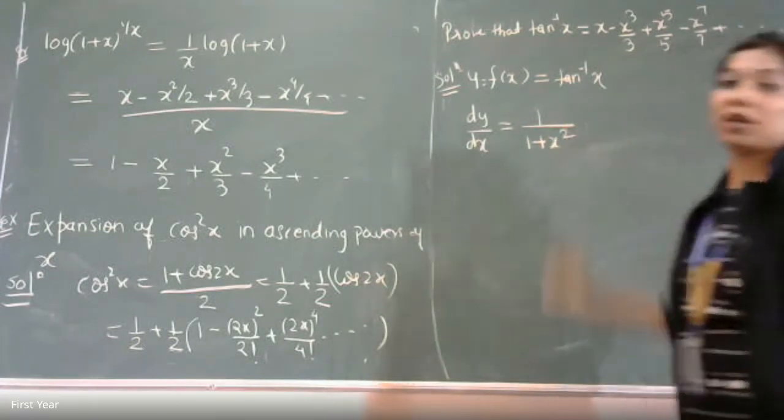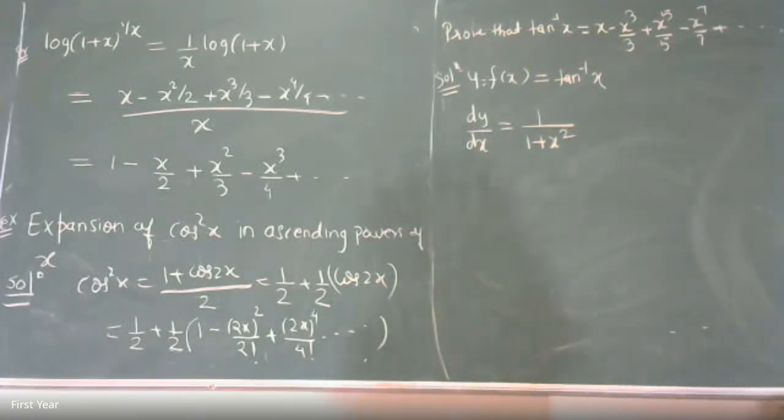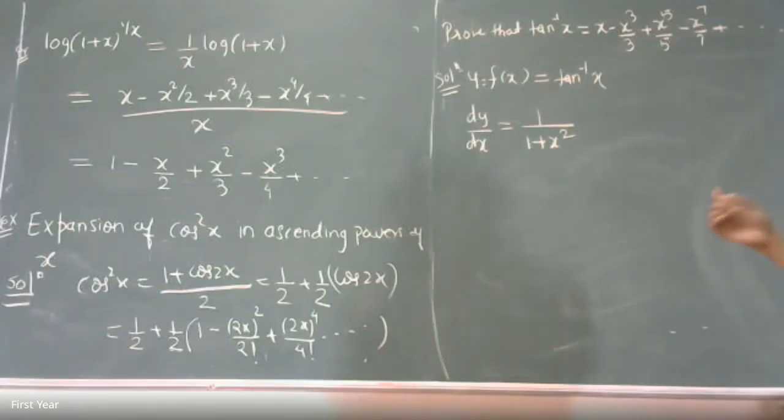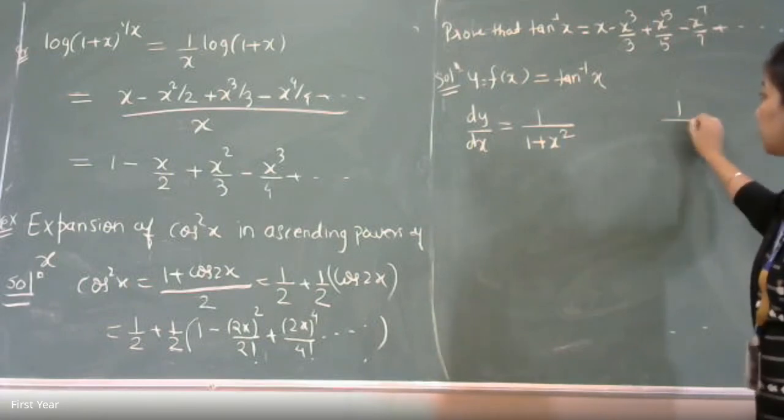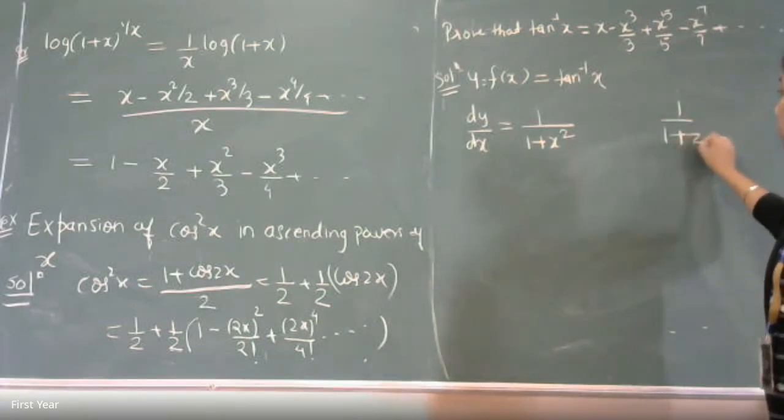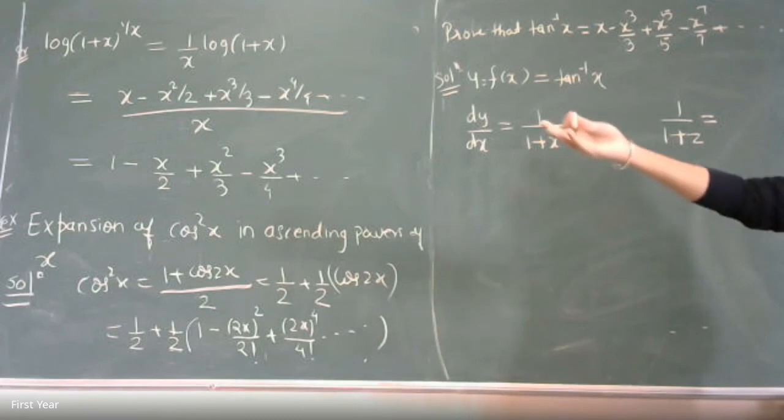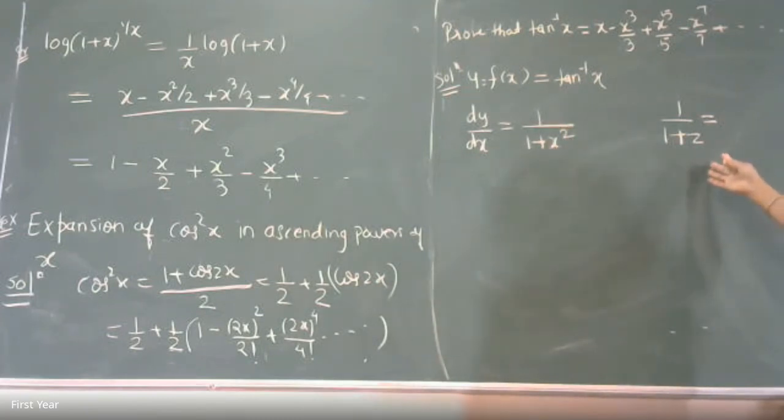Is that clear, everyone? Yes or no? I know some standard formula which gives me the answer for 1 over 1 plus z. Can you see this part? The 1 over 1 plus z expansion. I have written it in terms of x there, and I am writing here in terms of z. So what's the expansion of 1 over 1 plus x or 1 over 1 plus z?